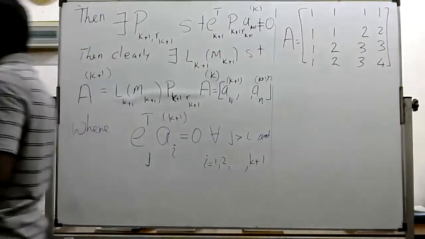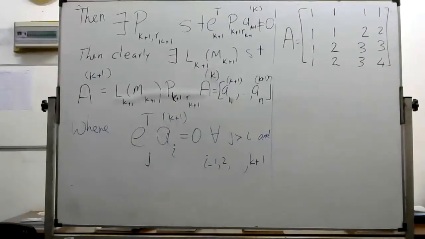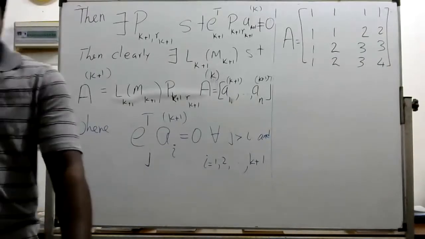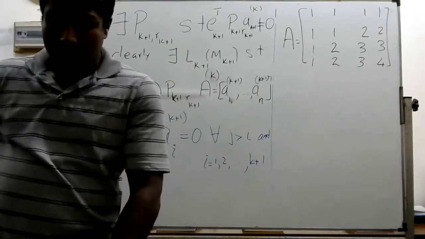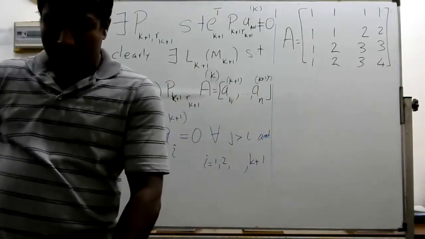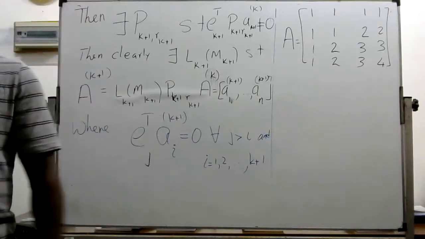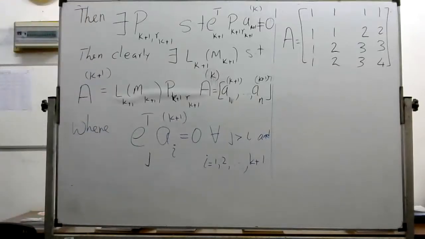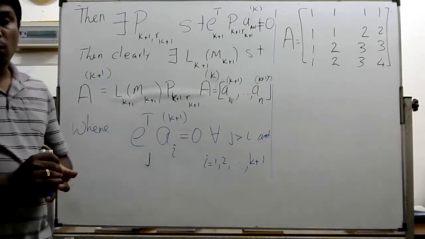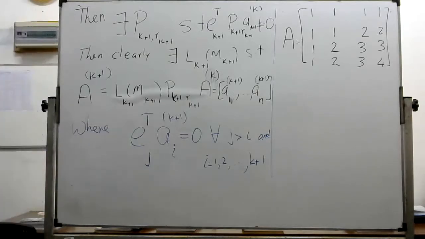So you want to convert this matrix A into an upper triangular matrix by multiplying suitable elementary permutation matrices and elementary lower triangular matrices.